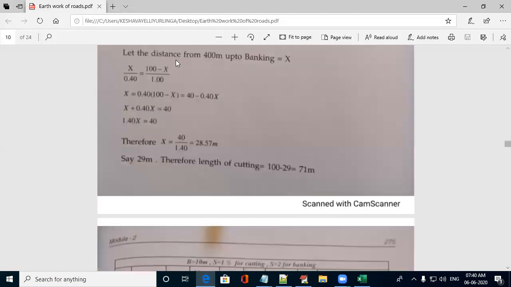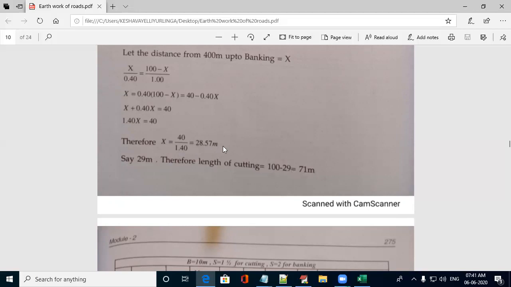If you cross multiply this and simplify, you will get the X value as 28.59. You can round it off to the next number, that is 29. Therefore, the length of the filling is 29 meters, and the length of the cutting is 100 minus 29, that is 71.